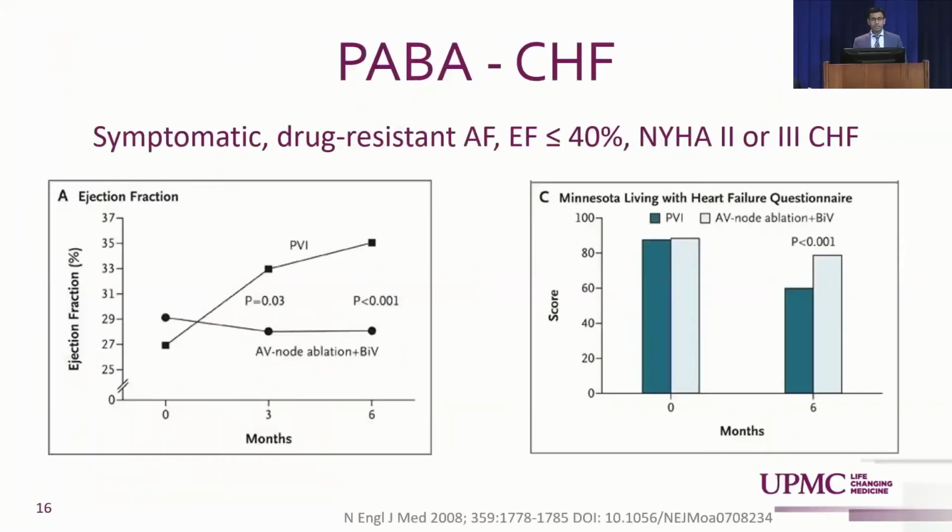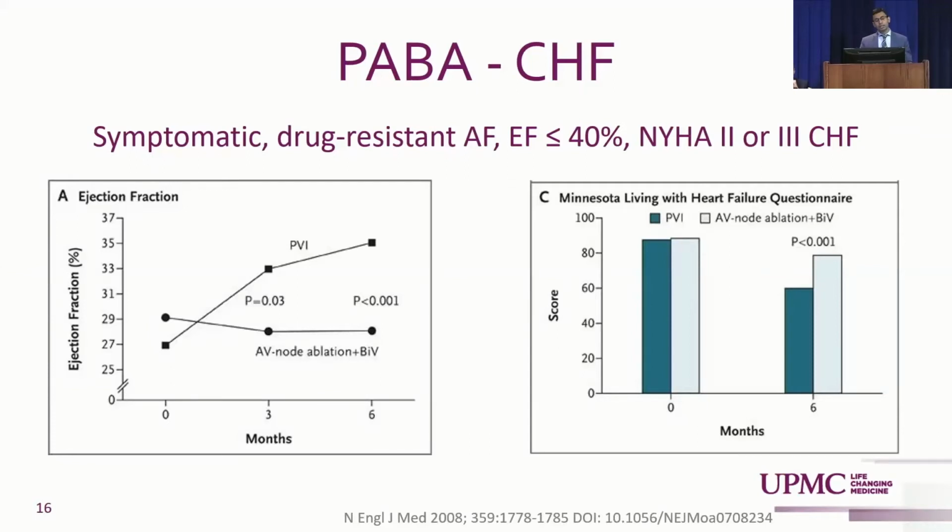So the first strategy was studied in the PABA-CHF trial. This trial studied pulmonary vein isolation versus biventricular pacing and AV node ablation. Patients with symptomatic drug-resistant atrial fibrillation, so that's refractory to antiarrhythmic drug therapy, with LV ejection fraction less than or equal to 40% and NYHA class 2 or 3 heart failure were studied in this trial.